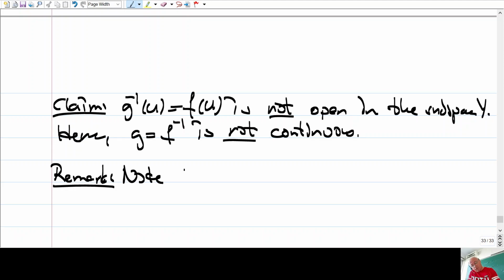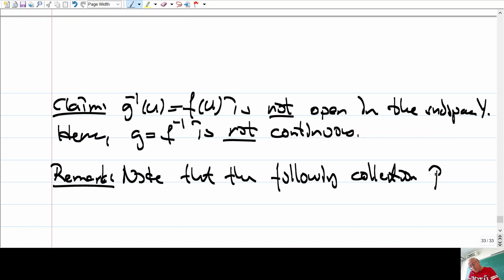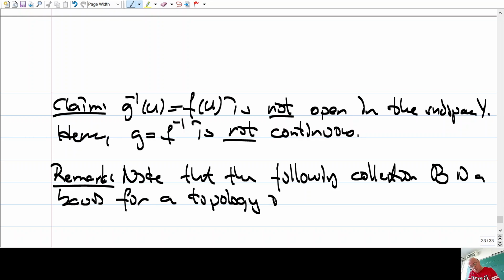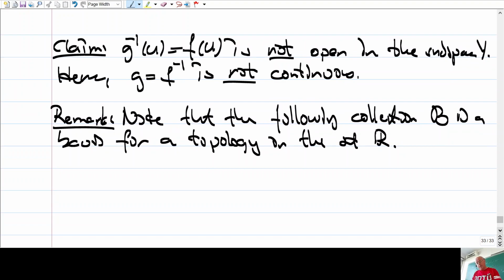Note that the following collection B is a basis for a topology on the set R. So I consider the real line as a set, and I describe this collection.